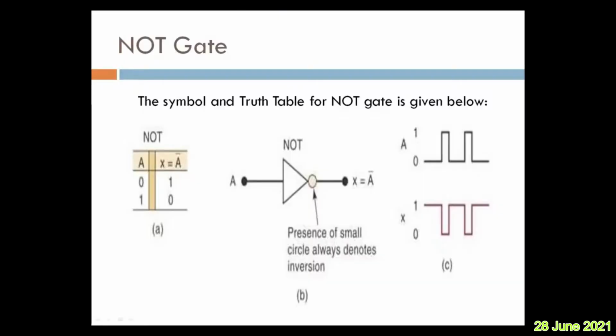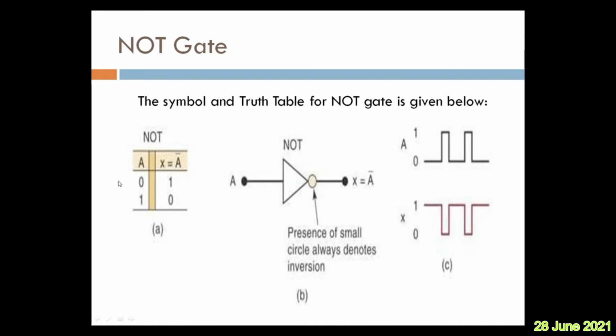Now the symbol and the truth table we have already discussed. The same thing here: we have taken A, 0 and 1. If it is 0, it is 1. If it is 1, it is 0. The presence of a small circle always denotes negation, inversion, complementation. Now you can see how the NOT gate works.